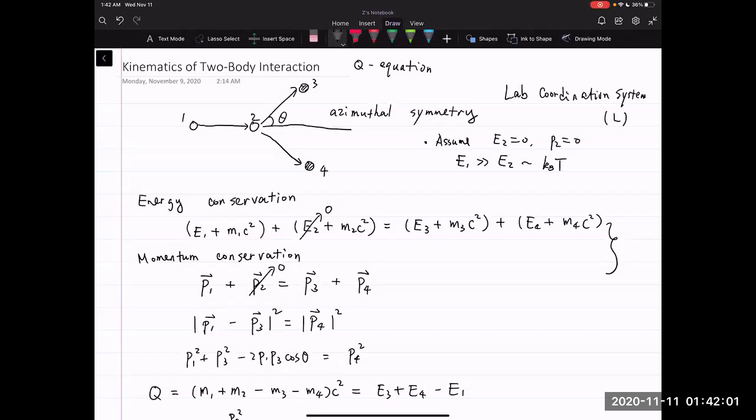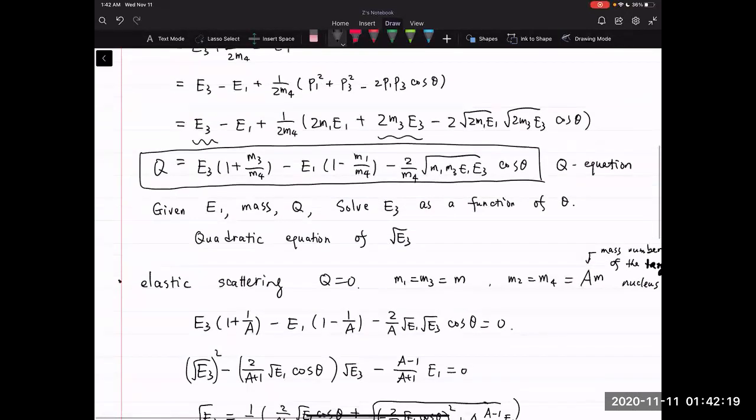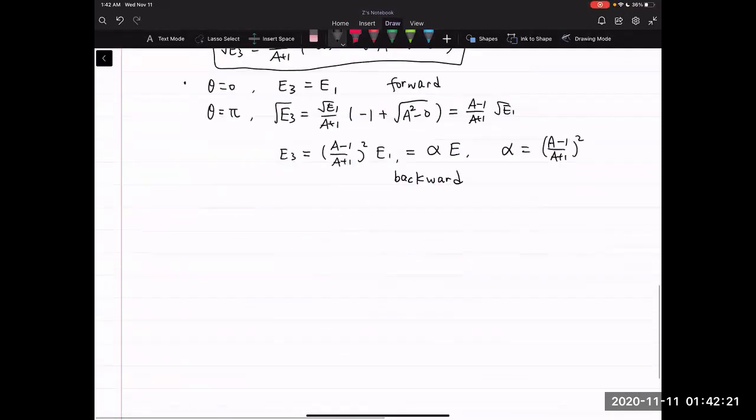Only in the center of mass coordinate is the scattered neutron described as a spherical wave, and then the distribution is uniform. But in the lab coordinate system, the distribution is not uniform. So we need to do this coordinate conversion. Then we can look at the energy distribution and also the angular distribution.